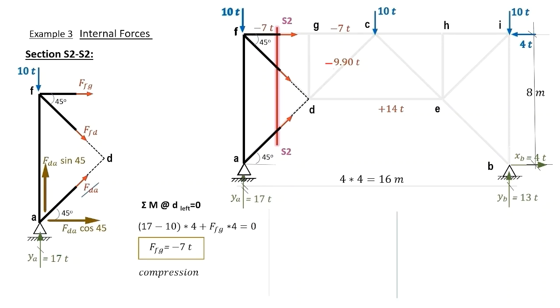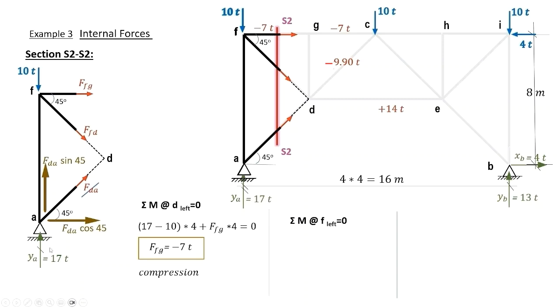And really it could have been faster and easier to consider joint G and have sigma forces in the x direction equals 0 just to compute the internal force in FG. Sigma moments about F equals 0. So the forces in FG and FD do not appear.